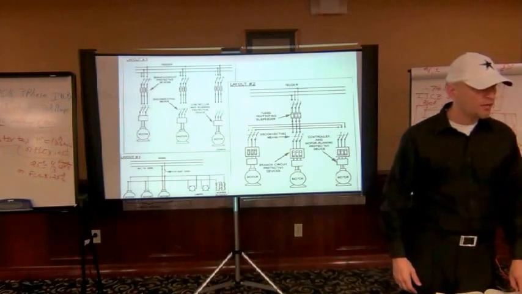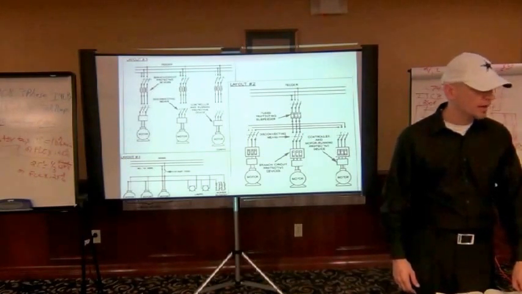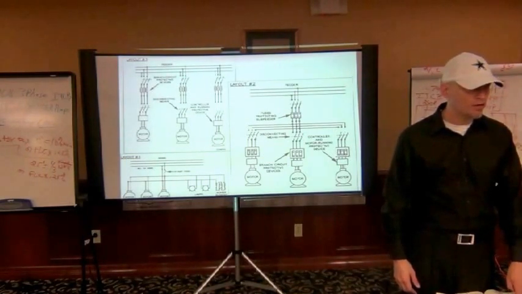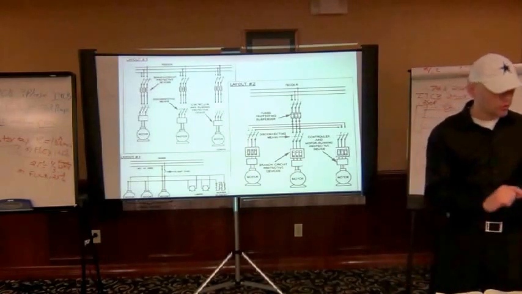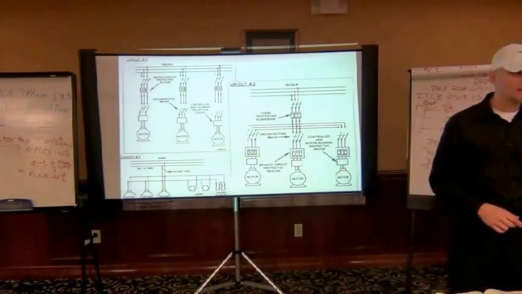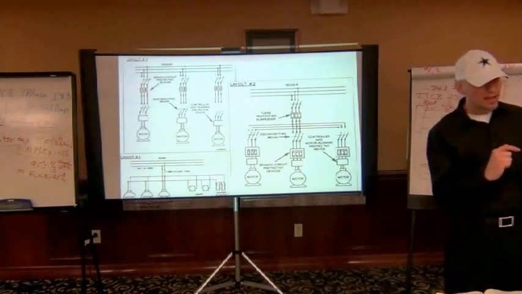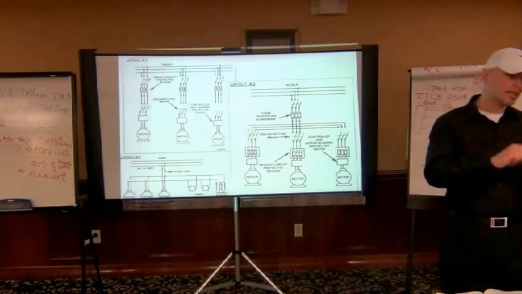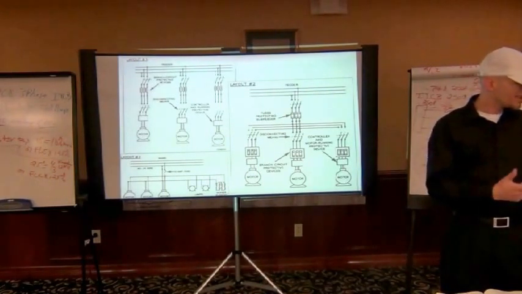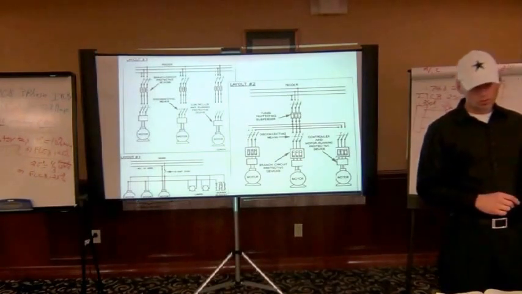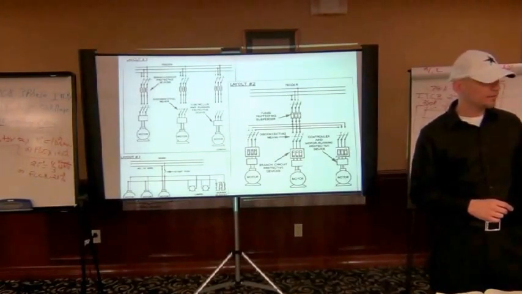If it's 90% power factor, you multiply it times 0.9. If it's an 80% power factor, you multiply it times 1.1 or 1.25. That actually increases the FLA value to compensate for a decreased efficiency. Make sense? 1.1 or 1.25.